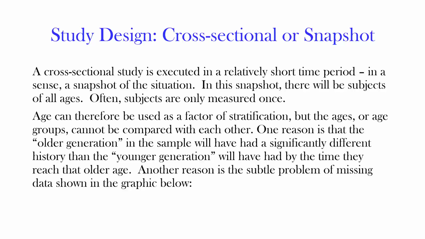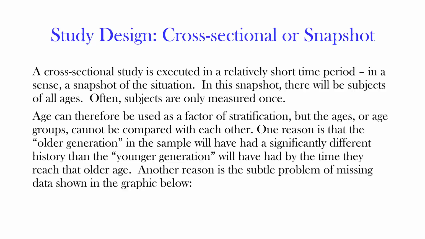We actually want to know how people pass through the ages of the disease as well as the chronological age. When we have a snapshot study, we cannot really deduce what's going to happen to the younger generation when they get older, because the disease evolution goes in time and not with respect to the age in your snapshot. Those older individuals have lived a completely different life than the younger ones are going to live in the future.